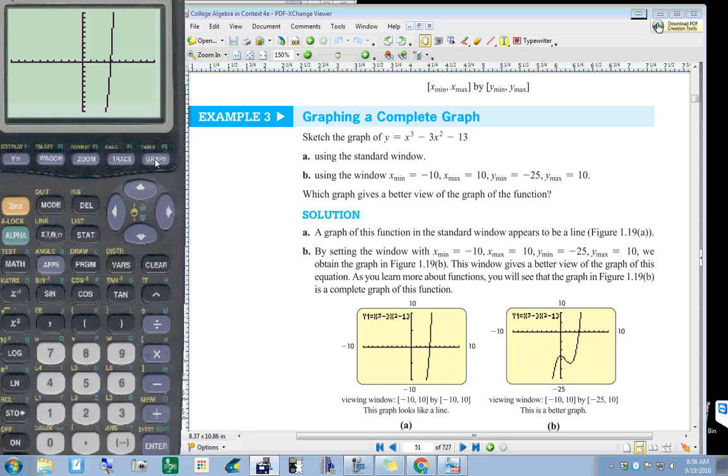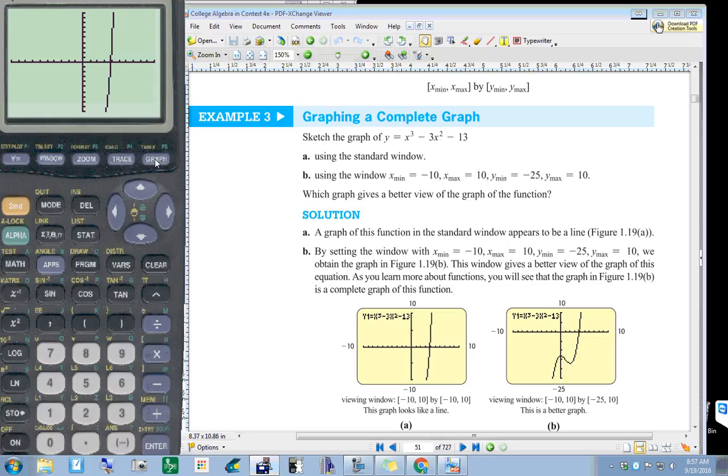The way this is shaped, does it have to cross the y-axis someplace? You'd think so, right? But it looks like it's got to do it way down here. How far down? Well, on the graph itself, we've got this right up here that says we've got x cubed minus 3x squared minus 13.